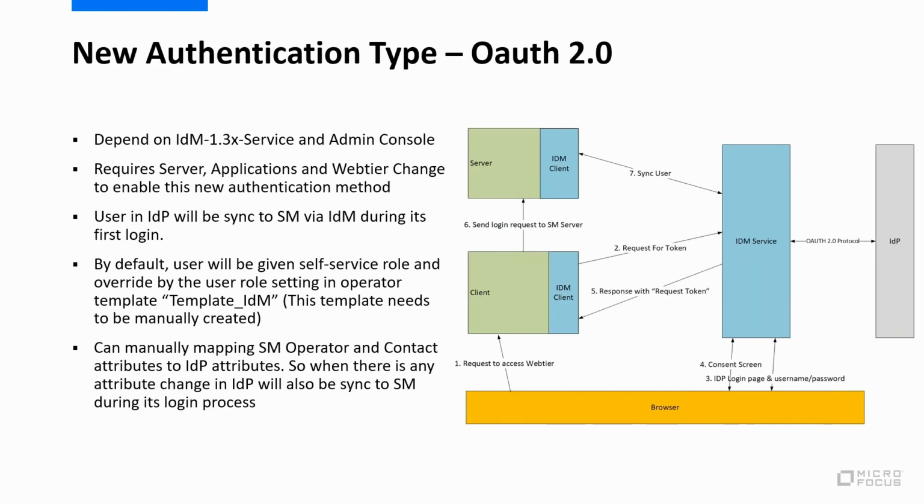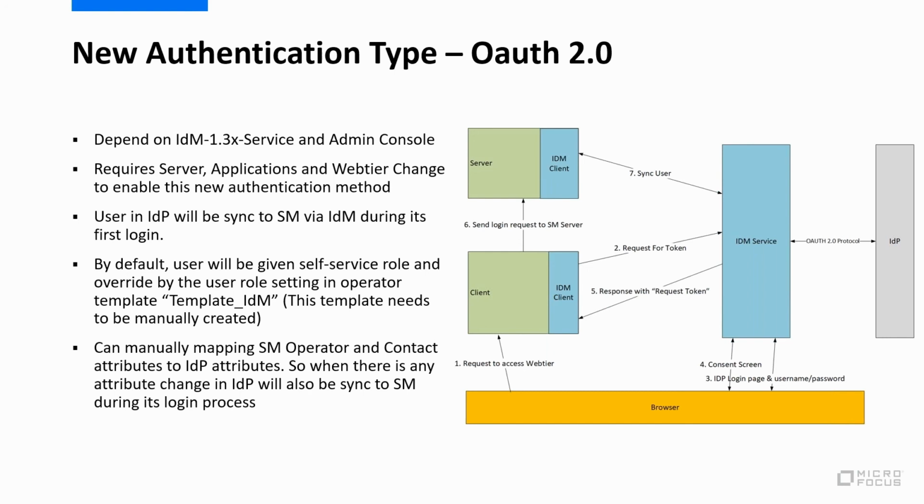And another one is about the new authentication type support around OAuth 2.0. This new authentication type support requires server, application, and web tier changes, which means you need a full upgrade to the latest version of the Service Manager to get this supported.